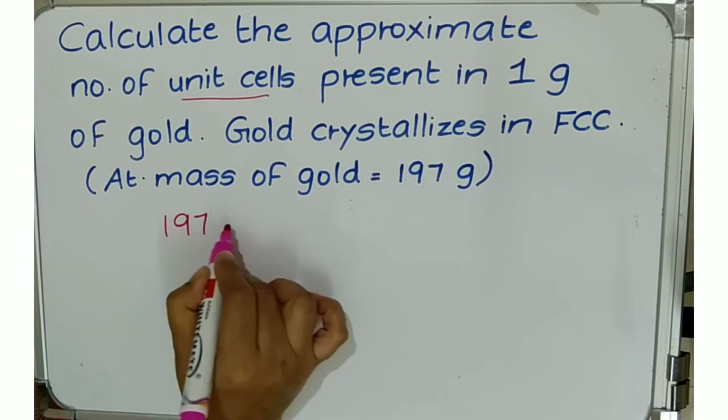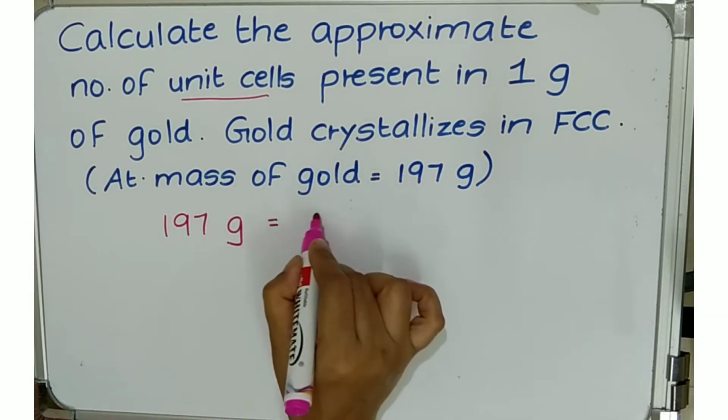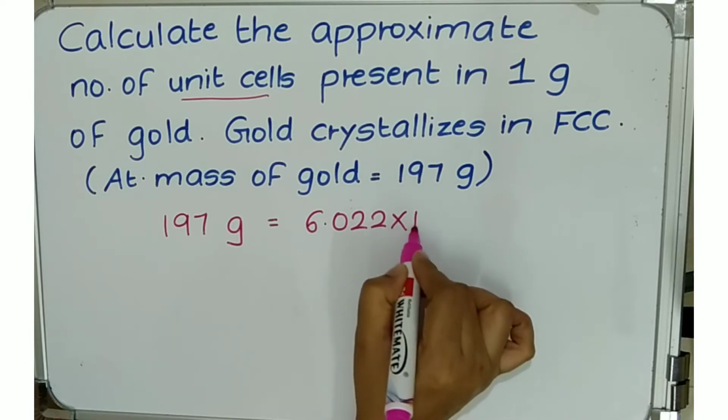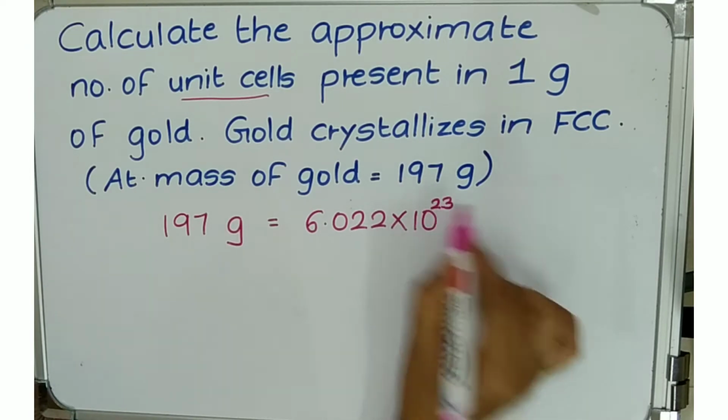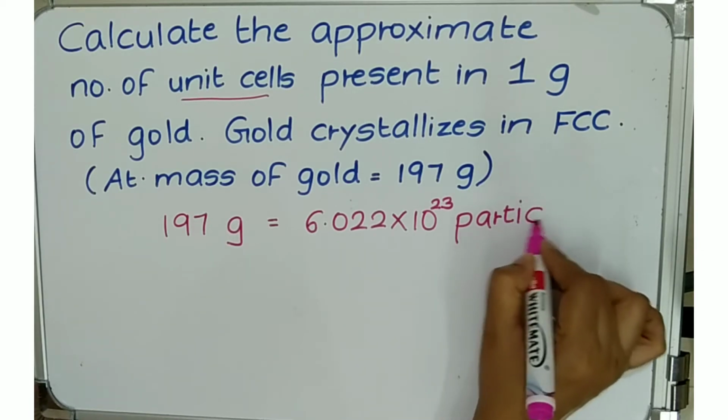197 grams is equal to the Avogadro number of particles, or you can write it as atoms.